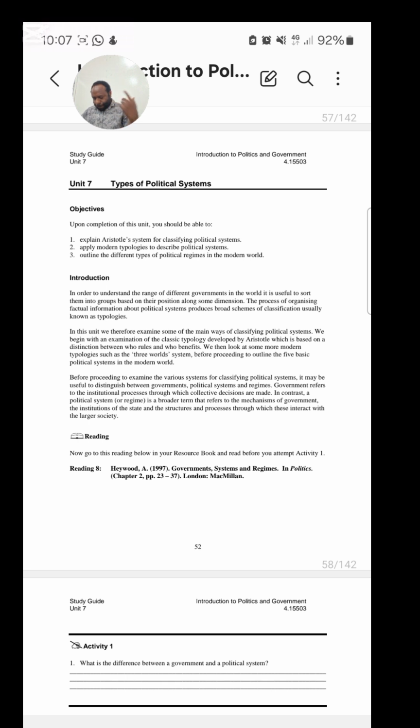Upon completion of this unit, we should be able to explain Aristotle's system for classification of political system. Secondly, apply modern typologies to describe political systems, and outline different types of political regimes in the modern world.